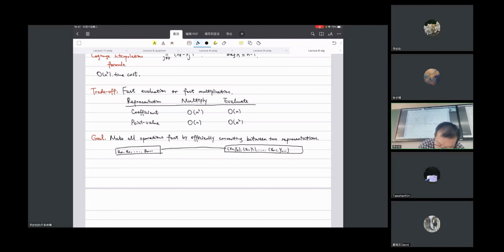Hopefully we want to consider the transition between the coefficient representation and, on the other hand, the point value representation.